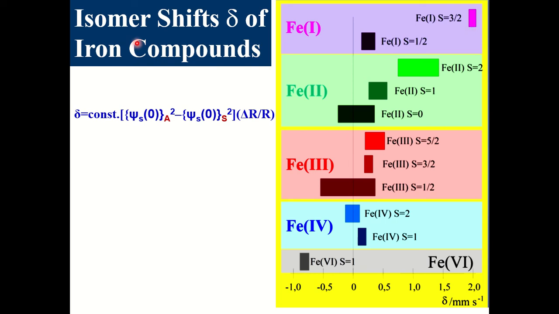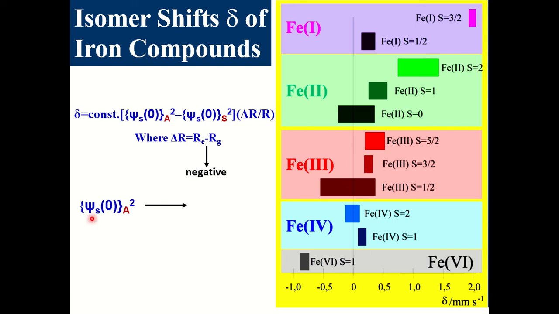You should always remember in these discussions that while discussing isomer shift, we consider the electron density in the absorber in reference to the electron density in the source nucleus, and this delta R by R is going to be constant and it is negative for iron.